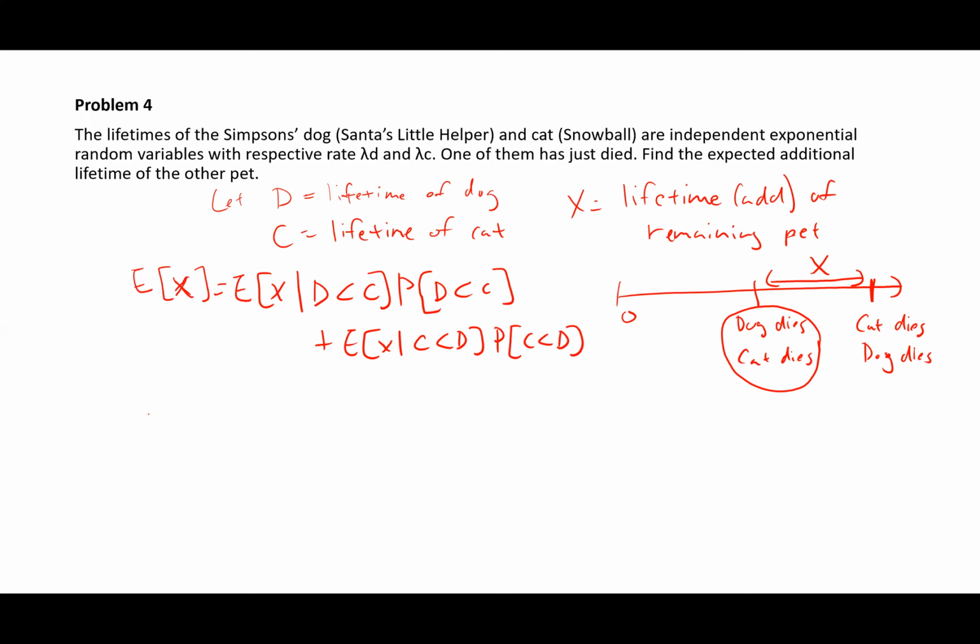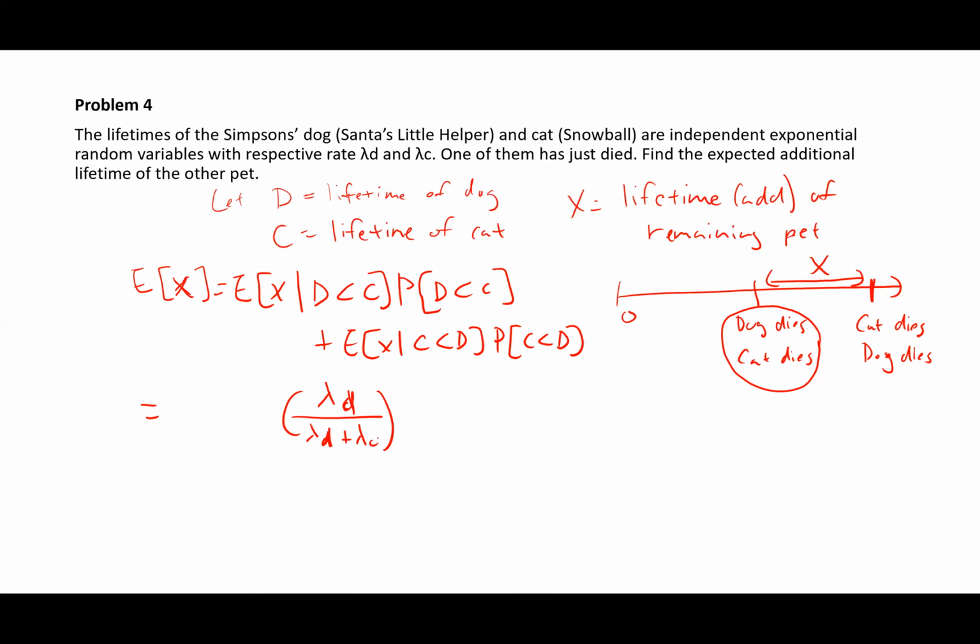Okay, so let's start with the probability that the dog dies before the cat. That's simply lambda D over lambda D plus lambda C. That's the probability that the dog dies before the cat, because it's the minimum of two exponential random variables between the dog and the cat.